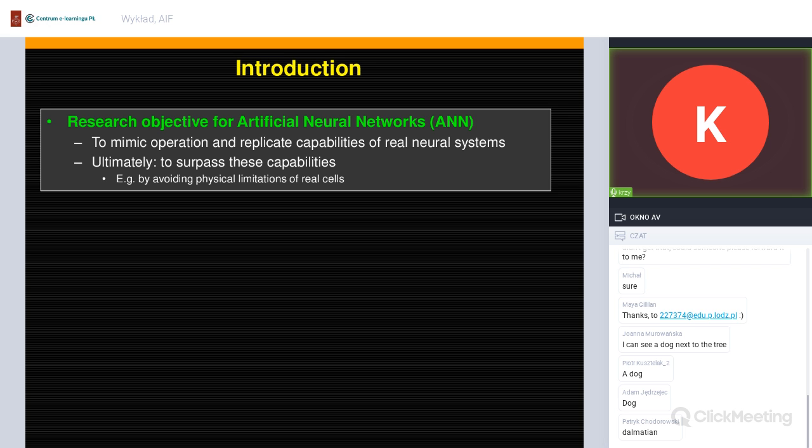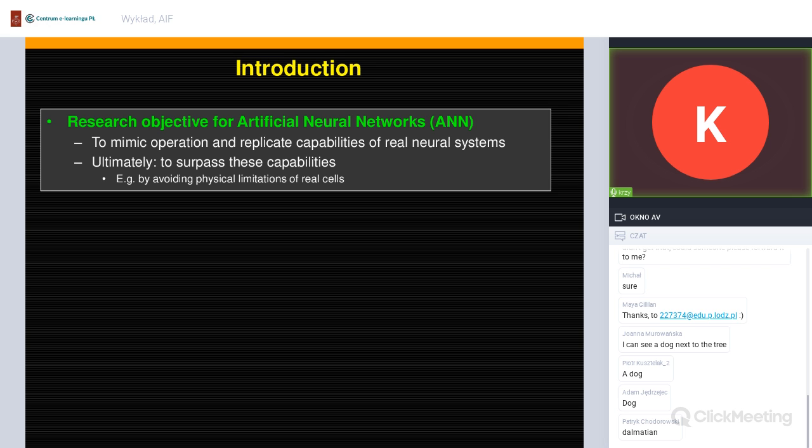Actually, if you think about our nervous system, and if you learn a little bit more about it, you will see that it is not an objective tool for processing information.